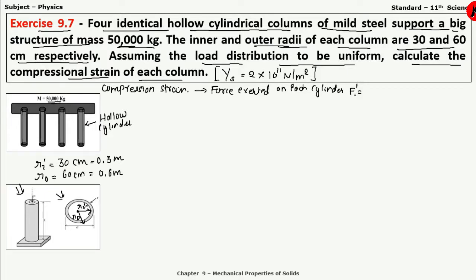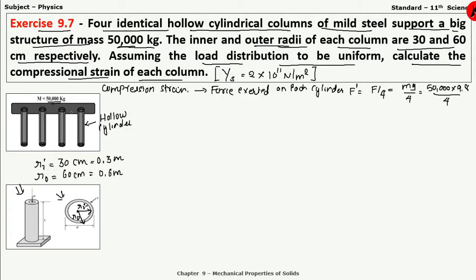So F dash becomes F by 4, where F is the total force. F dash equals m into g divided by 4, which is 50,000 into 9.8 divided by 4. We have divided by 4 because we want to calculate force on each cylinder, and we have a total of 4 cylinders.